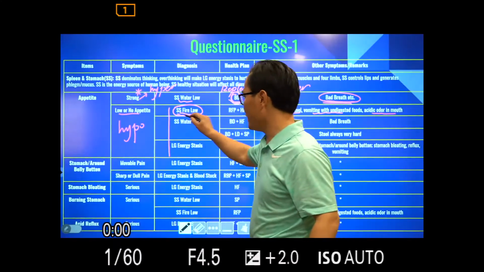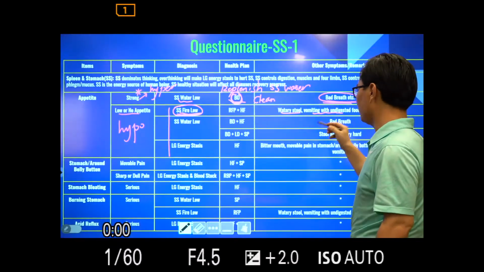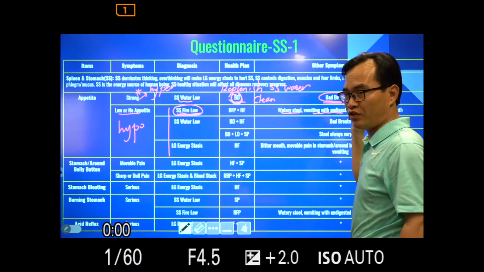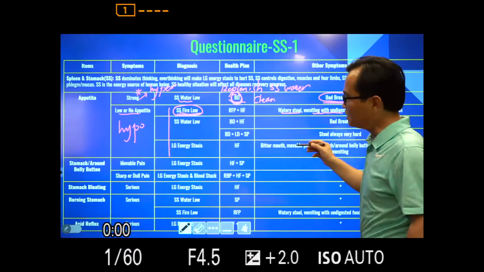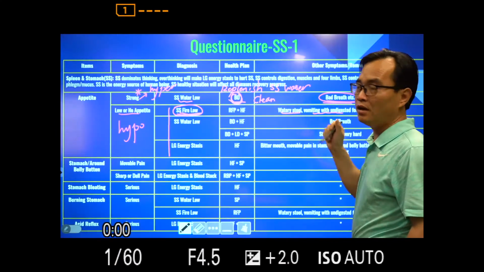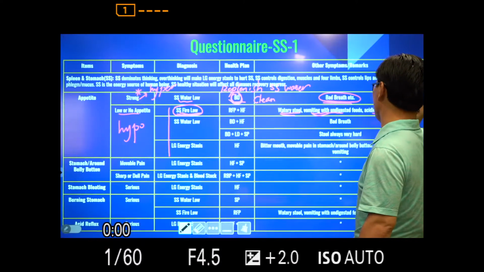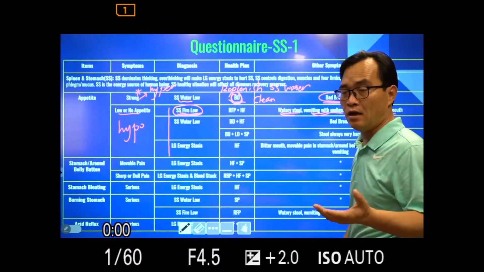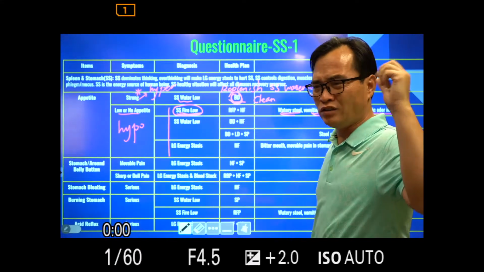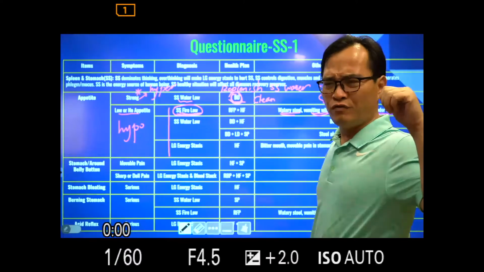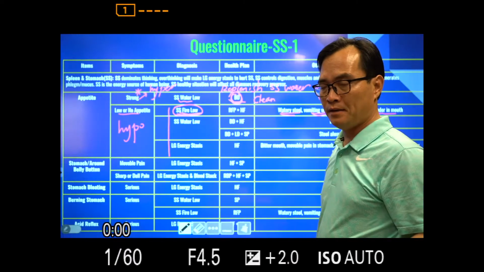Since this one is not for confirmation, if you want to confirm whether it is fire energy low, you have to check if the client has other symptoms used for confirmation. Like watery stool, vomiting with undigested foods, or even a pale face, or they have no energy and cannot digest the food and they feel very cold chest, very cold stomach, very cold belly, very cold body.